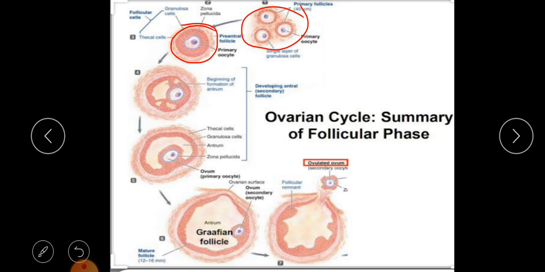Some changes also occur in the formation of the granulosa cells around the primary oocyte due to FSH, the follicle stimulating hormone. Okay, these are gonadotrophin hormones, and inside there is a primary oocyte, which is surrounded by the primary follicle.